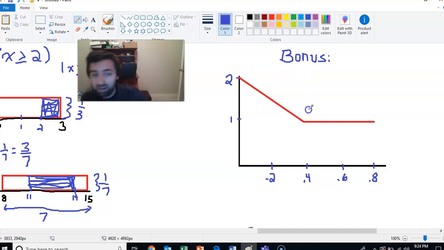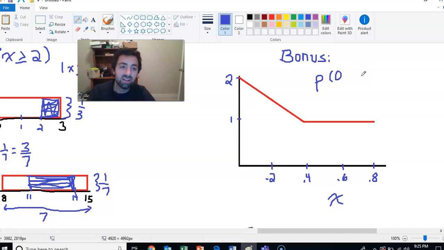What is the probability that our variable x, which can take on the values of 0.1, 0.2, 0.3, 0.33, 0.37, 0.4, and so on, is going to be greater than or equal to 0, but less than or equal to 0.2?